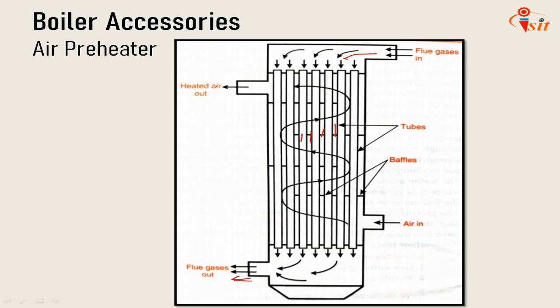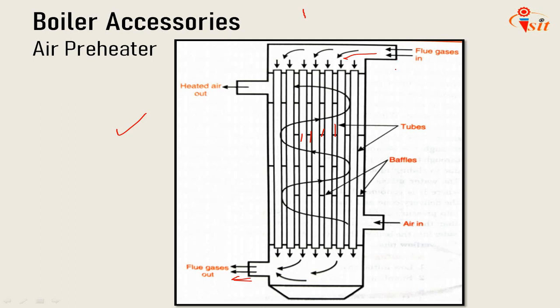The degree of preheating depends upon the type of fuel burning equipment and the rating at which boiler and furnace are operated. There are three types of air preheaters available: tubular type, plate type and storage type. Now this figure shows a tubular type air preheater.